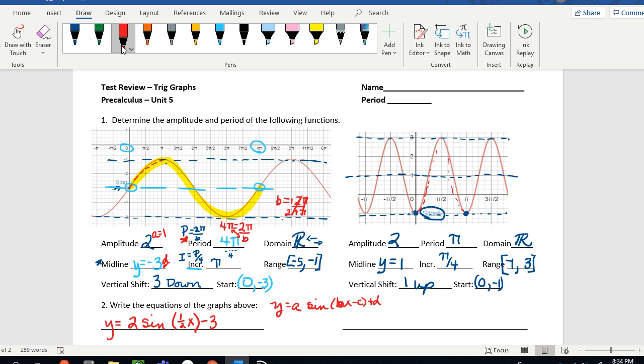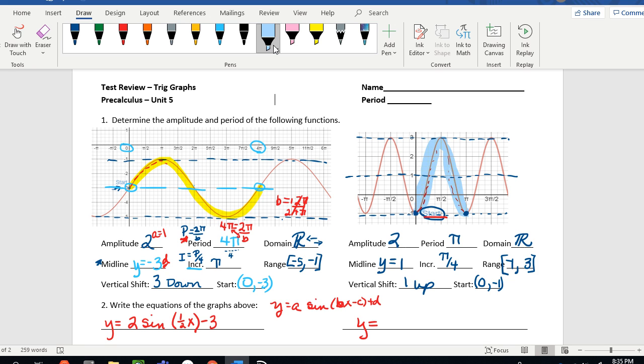Okay, so this next one, I'm going to write the equation for that, and it's going to be y equals, okay, this one, be careful from the start. It's going up and back down again. I'll grab the highlighter, and as you can see, this is how long it takes to get back. Boy, I highlighted a whole lot of stuff.